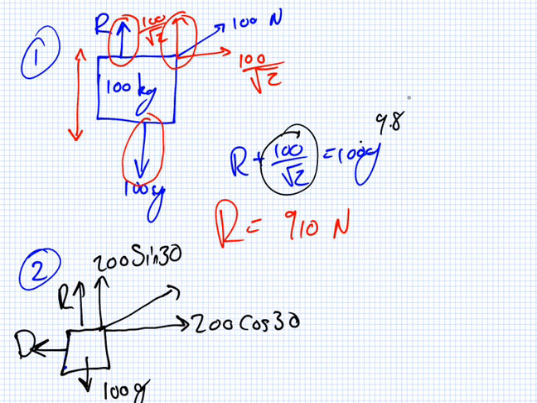G is 9.81, so you have to times it. This is 981 on the right. The weight is 100 times 9.81, minus 100 cos 45.